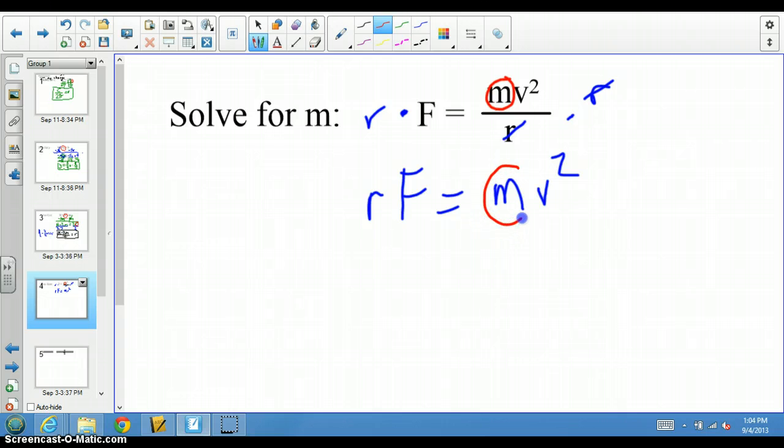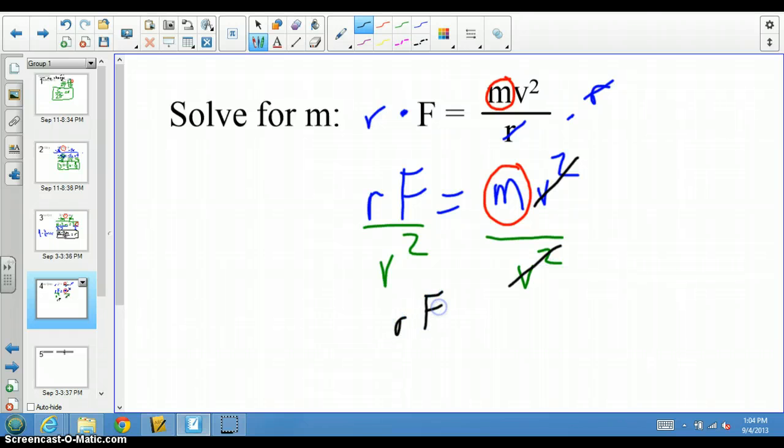Remember, I want to get the m all by itself. So I circled that. Got to think, how do I get rid of that v squared? Well, m times v squared, I'm multiplying, so I got to do the opposite and divide. So I get rf, or fr, divided by v squared equals m.